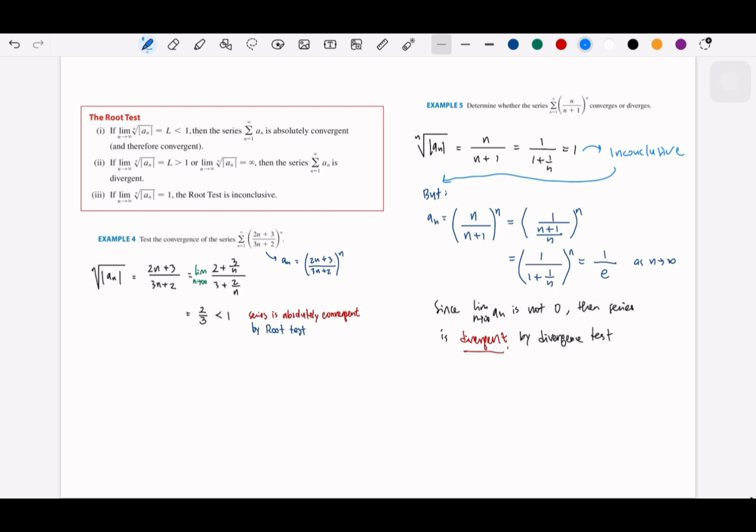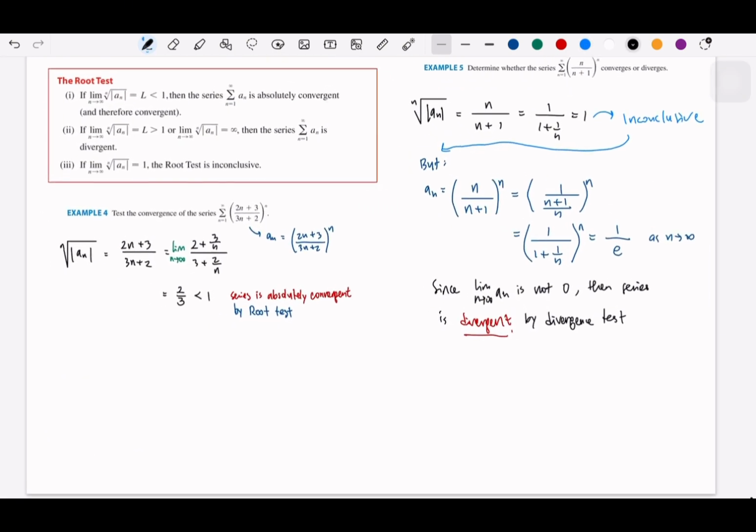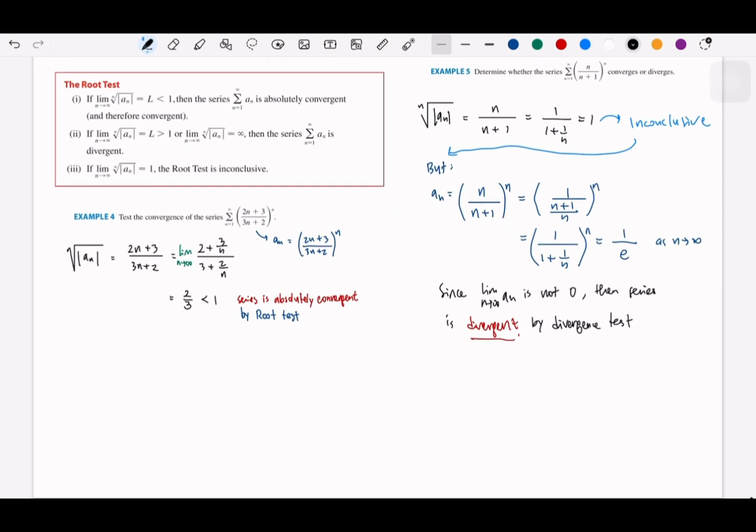Just an overview before we take some exercise. So basically, we have at least eight tests for the whole convergence, divergence, how to determine the series. So overview, let me write overview.